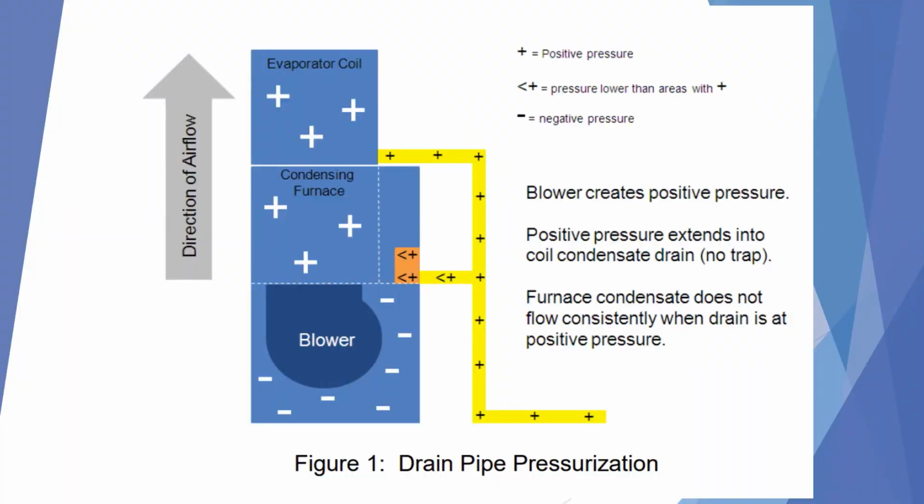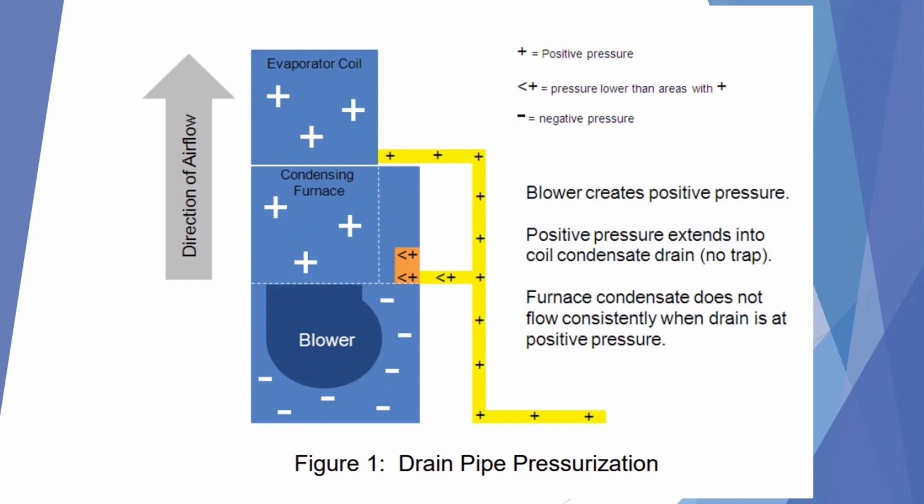So the reason that we put a condensate pump on a furnace or an air conditioning coil is to drain the condensate water away from the system and outside. If the water or condensate does not drain out of the coil or the furnace, then we have defeated our purpose.